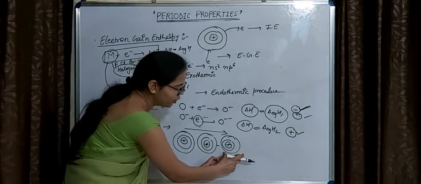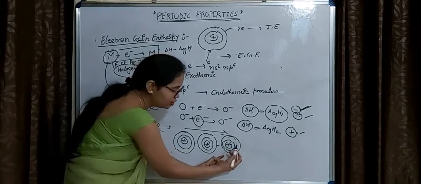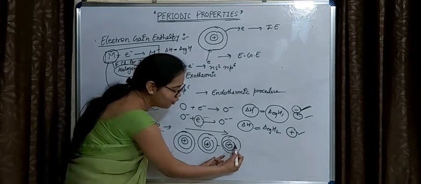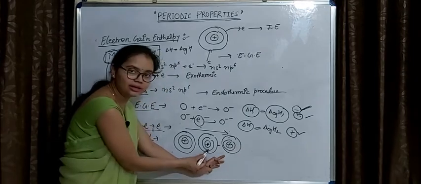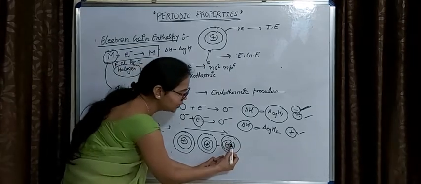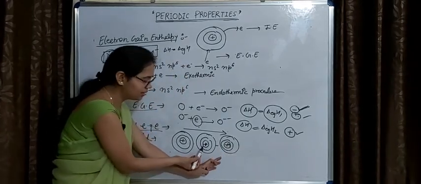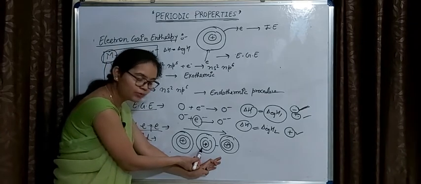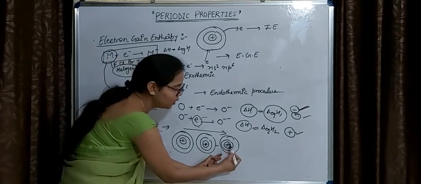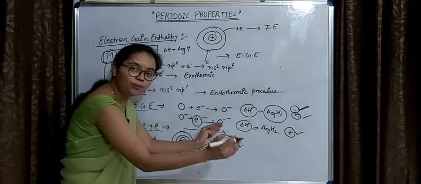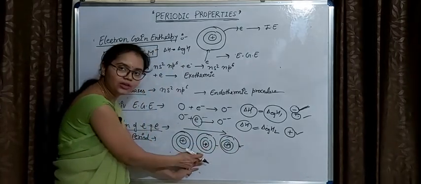Similarly, if we talk about this element, the number of orbits is the same, but the nuclear charge is much more than the previous element. So that's why it will hold the new electron more strongly than the previous one.